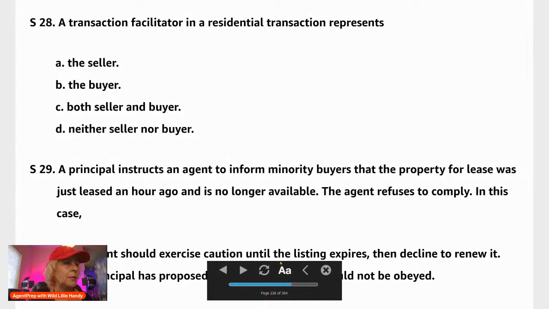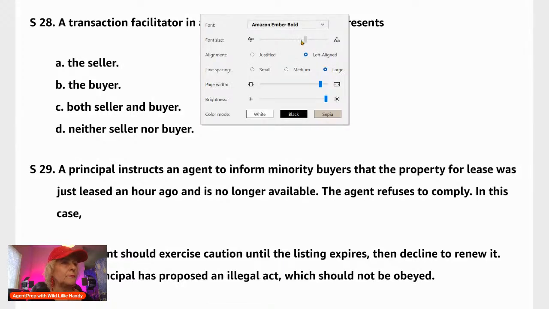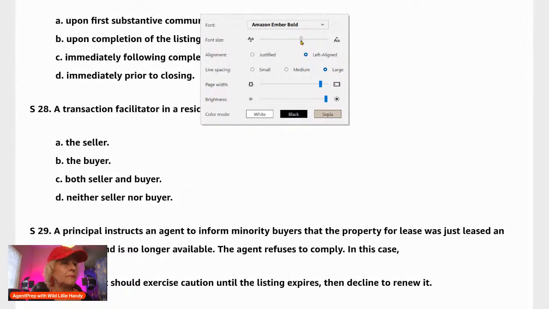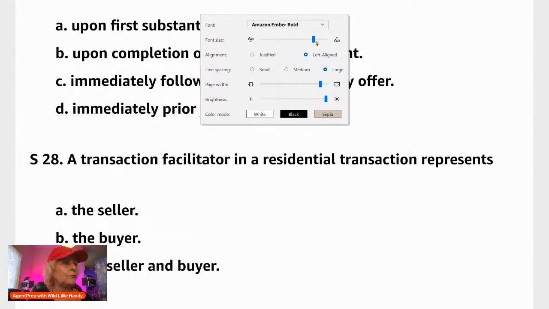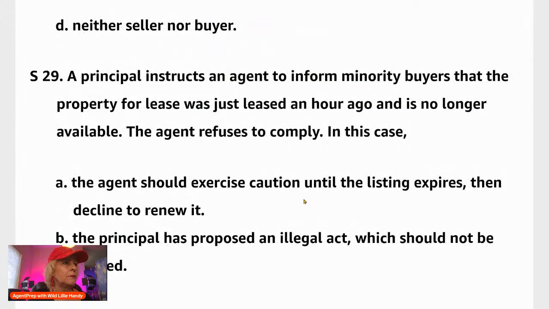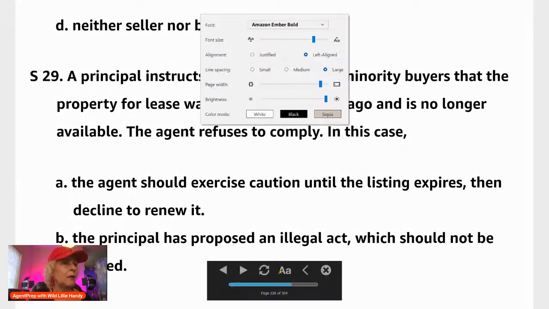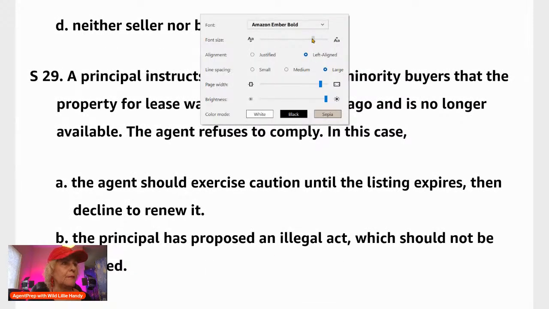Okay, number 29. Let's see. I like the big letters, but it doesn't include it all in one.